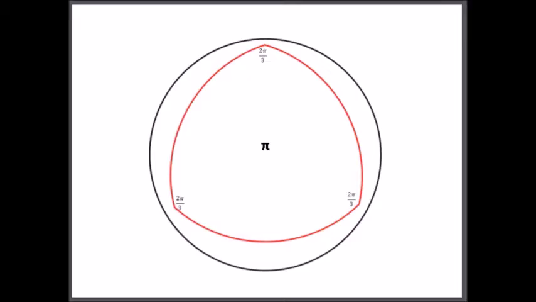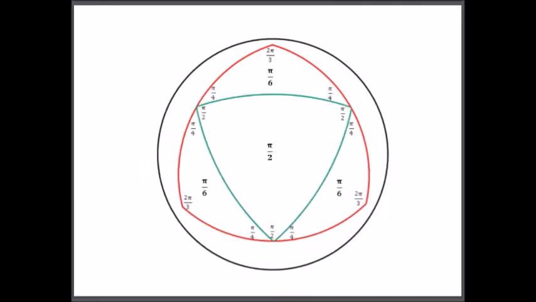This diagram here illustrates the face of a spherical tetrahedron here in red, showing its area of pi, as well as its internal angles of 2 pi over 3. If we overlay the face of the spherical octahedron here in green, this illustrates how the area is divided up into nice simple fractions of pi, as well as all the internal spherical angles end up being nice simple fractions of pi.